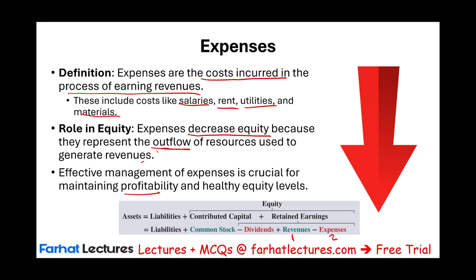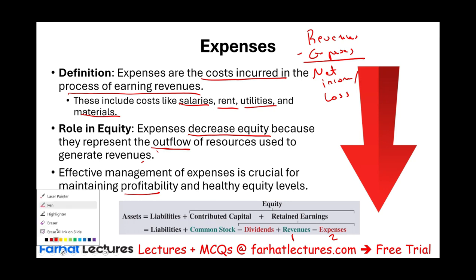Now here's what we need to know now. First formula, sub-formula. If we take our revenues minus our expenses, that's going to give us something called net income or net profit or net loss. For example, for the sake of this illustration, we're going to assume we generated $300 in revenue minus $120 of expenses.